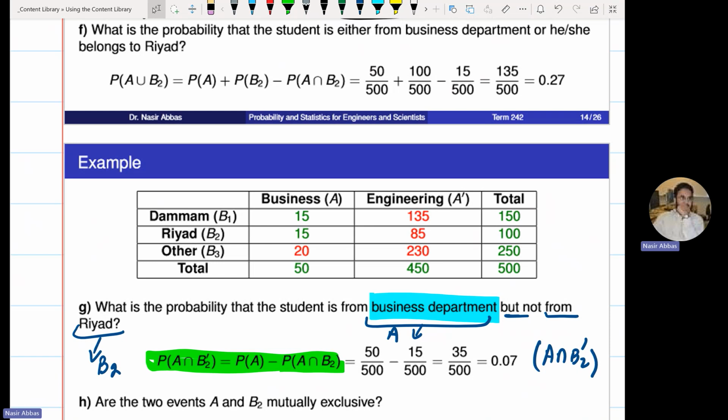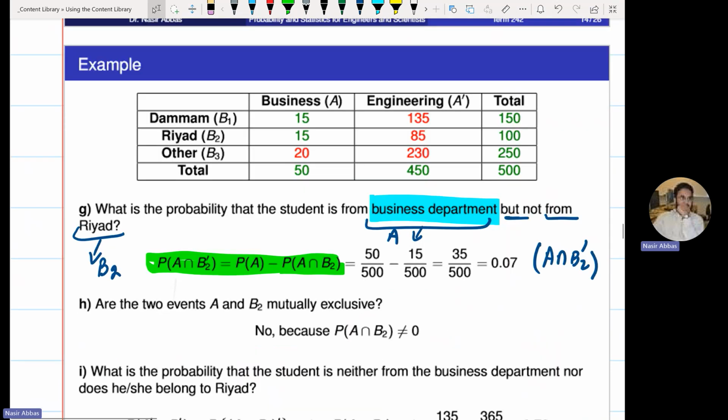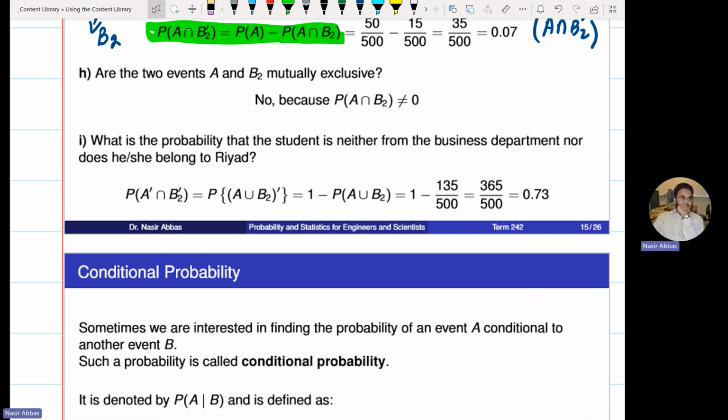Is this true for this example? What is the intersection between A and B2? There are 15 students falling on the intersection. So it is not a null set. The probability of the intersection is not 0. So as a result, you will say no, because the probability of A intersection B2 is not equal to 0. They are not mutually exclusive.